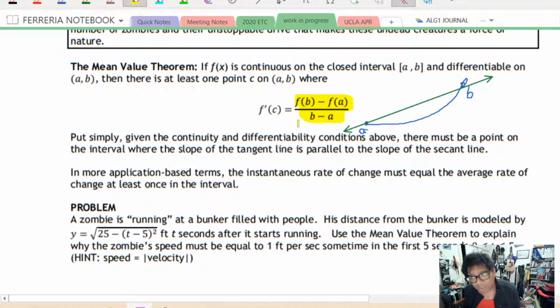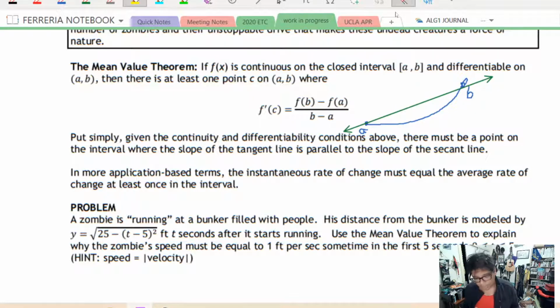That explains the right side of this. Now what about the left side? What is that? Well, that is the derivative. And so what this really says is that somewhere between a and b is a place where the tangent line has the same slope as what we would call a secant line.